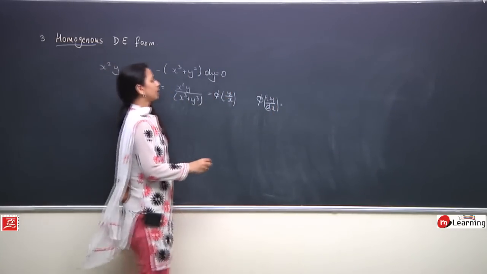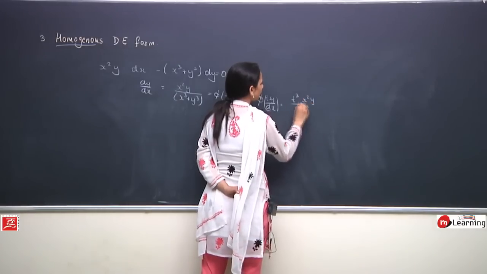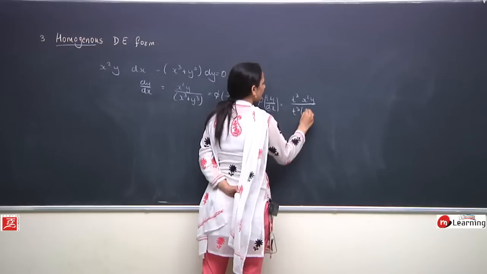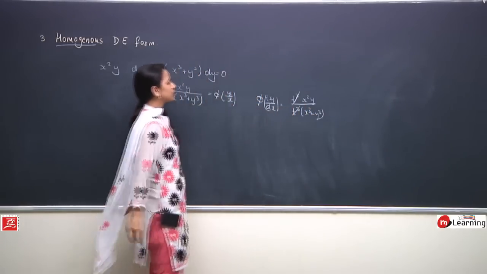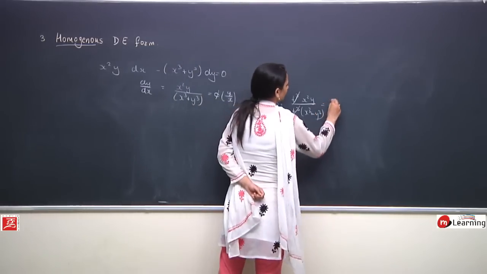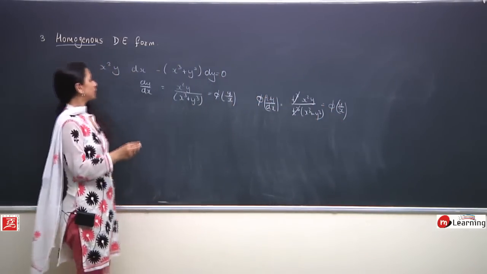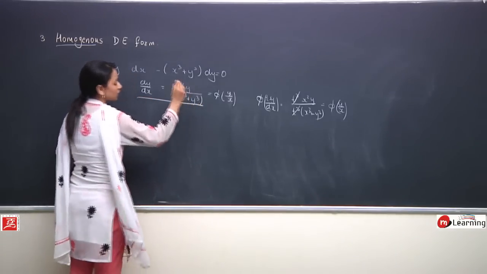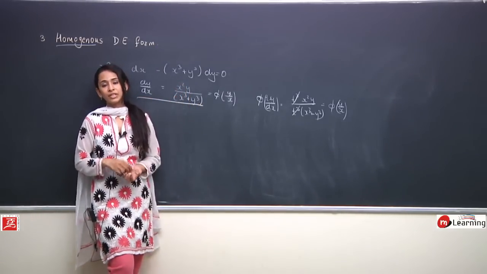It would be t cube x square y upon t cube x cube plus y cube. t cube will cancel, so we will get this is equals to phi of y by x. So the equation that we have right now is a homogeneous differential equation. We have proved that the equation that we have is a homogeneous differential equation.